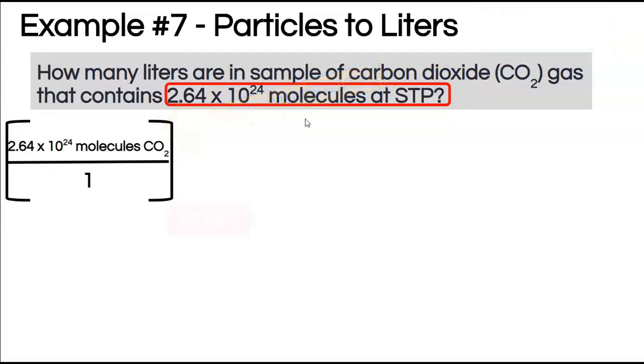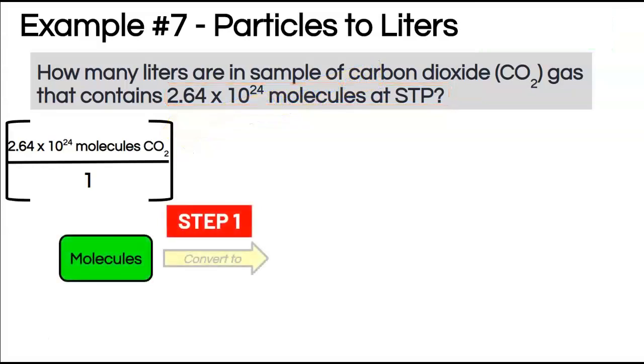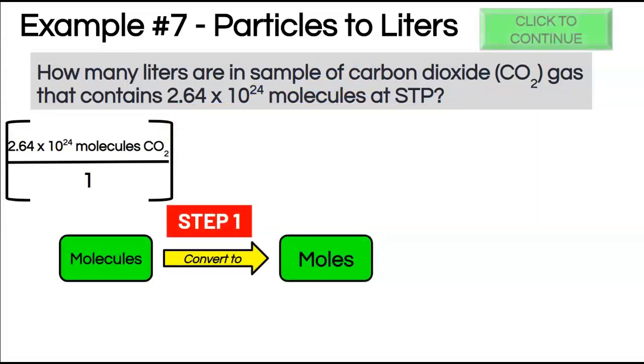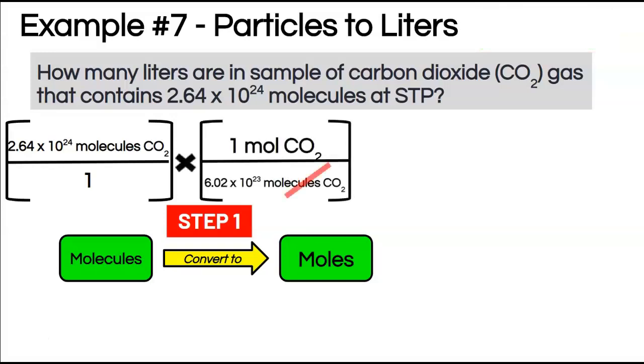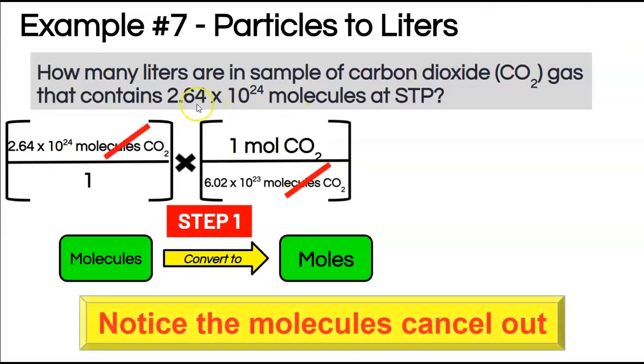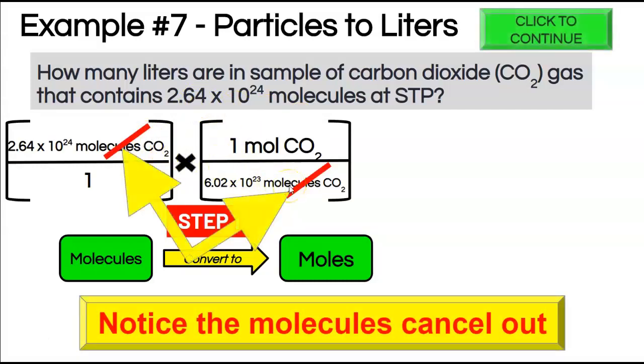Step number one is to take those molecules and convert them into moles. To do that, I'm going to use 6.02 times 10 to the 23rd molecules in every mole. You can see that my molecules will cancel if I put my conversion factor in this order. Now I've converted the molecules of carbon dioxide into moles of carbon dioxide, and I'm ready for step number two.